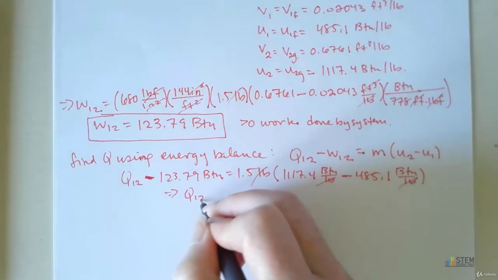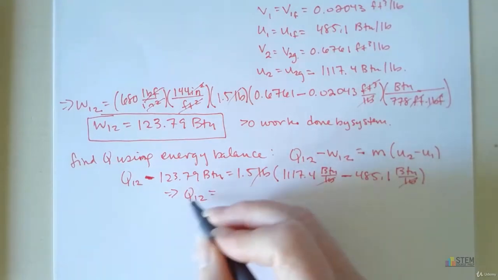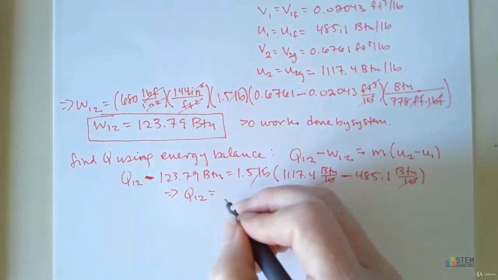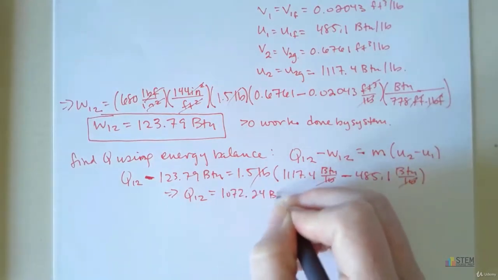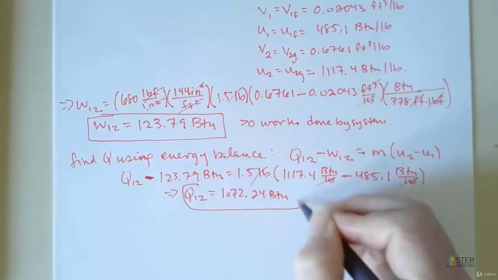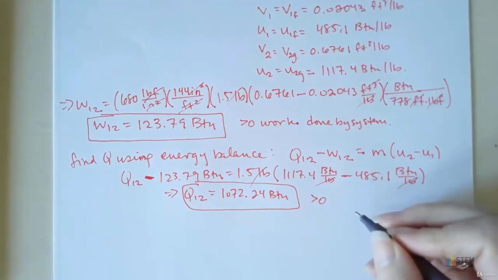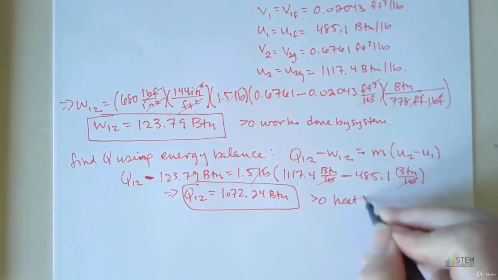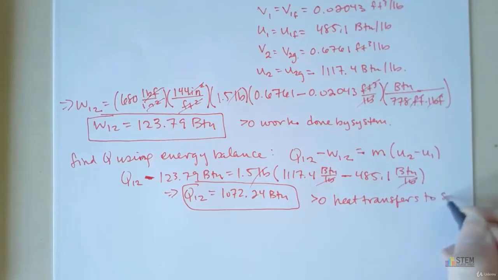That's what we want. Now our heat transfer term Q for process 1-2 ends up being 1072.24 BTU. Okay, so this is greater than 0, so that means heat transfers to the system.